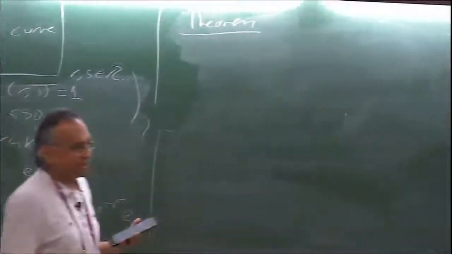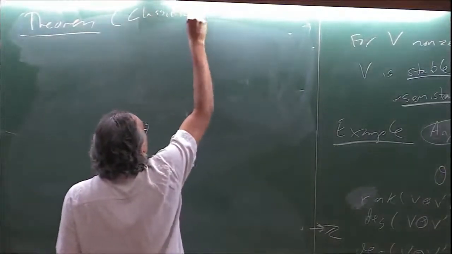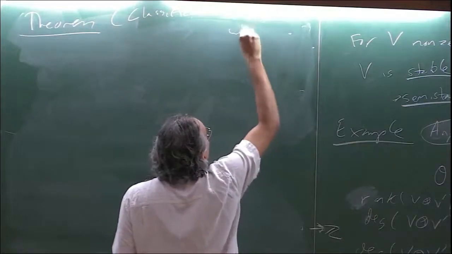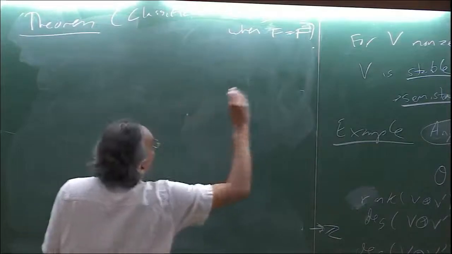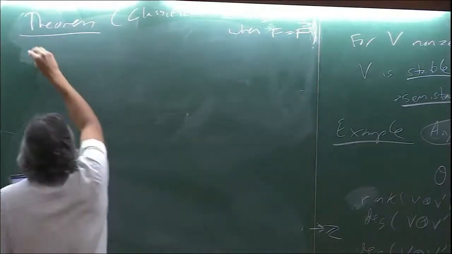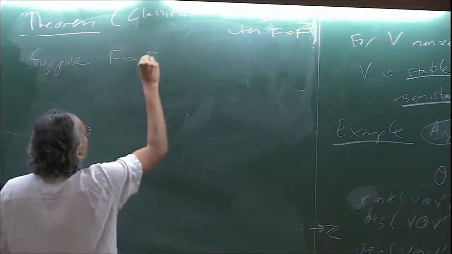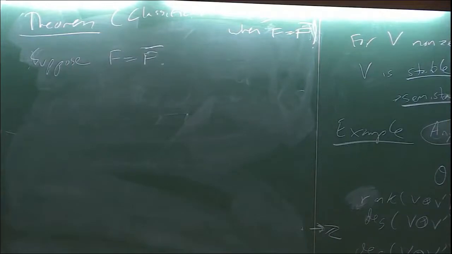Okay. So now I come to the main theorem of this part of the talk, which is the classification of vector bundles when F is algebraically closed. So suppose F is algebraically closed. You'll see in a moment something that can happen when F is not algebraically closed. Things will look a little bit different.